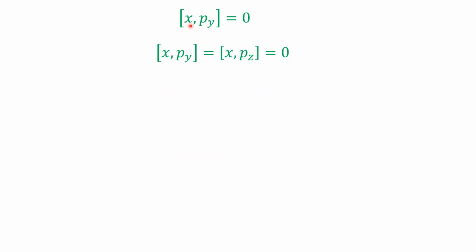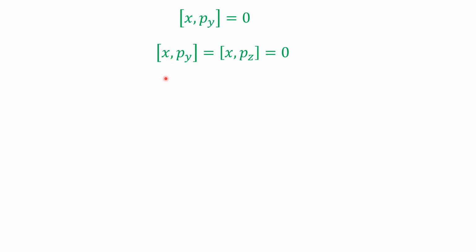So we have seen the commutation between x with py is equal to 0. In a similar manner, we can also prove the commutation of x with pz is equal to 0. That is, x will commute with momentum along any other direction, not with the x direction.